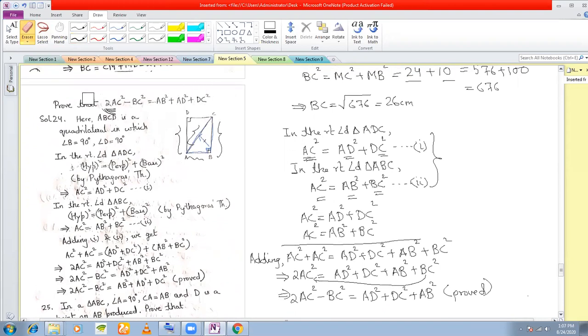Suppose in this proof AC was not there, then what should I have done? I would have subtracted, because if I had subtracted, then AC would have got cancelled. Understood? But since all the sides were there, that's why I added.